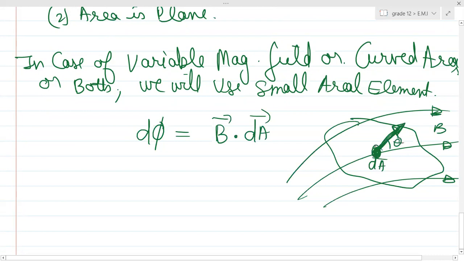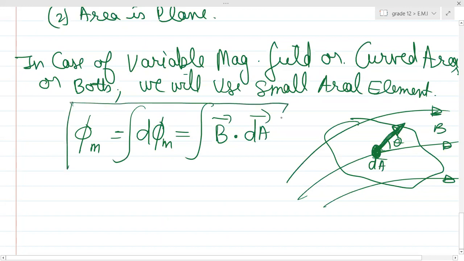The small flux through this area will be B dot dA, and the total flux will be the integration of this.